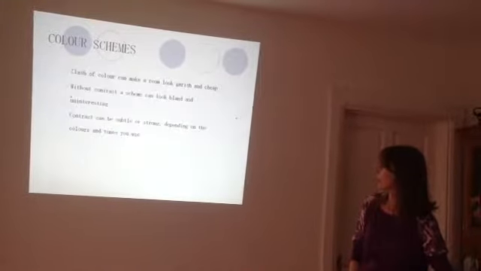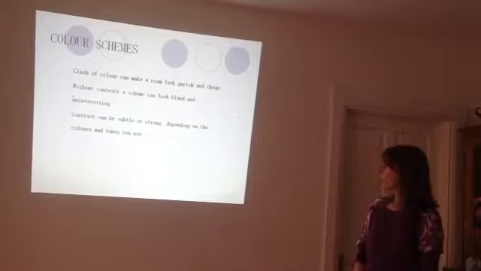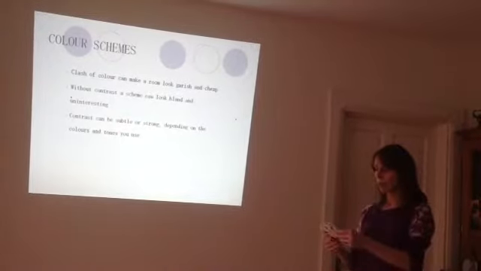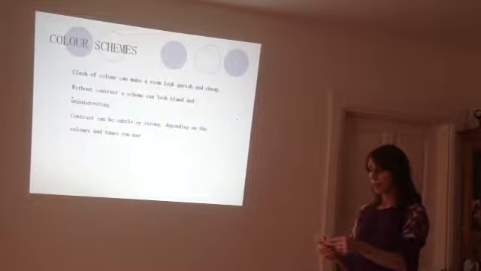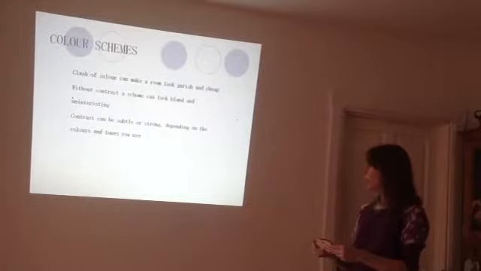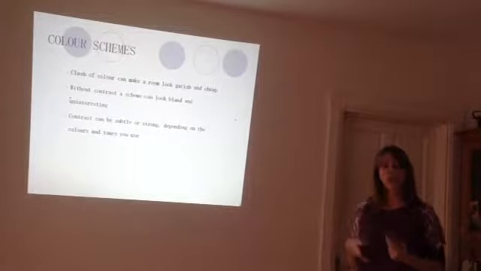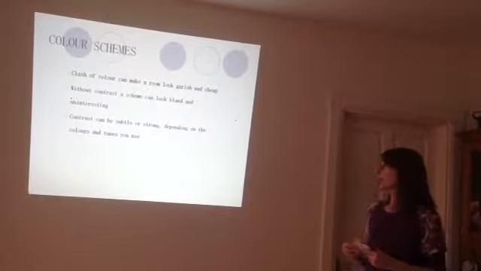Now, I know we went through colour schemes with a colour wheel in one of the previous classes. And if you think of your colour schemes, think about colours that might clash, and it can make a room look quite garish. I'm sure you'd all agree with that.